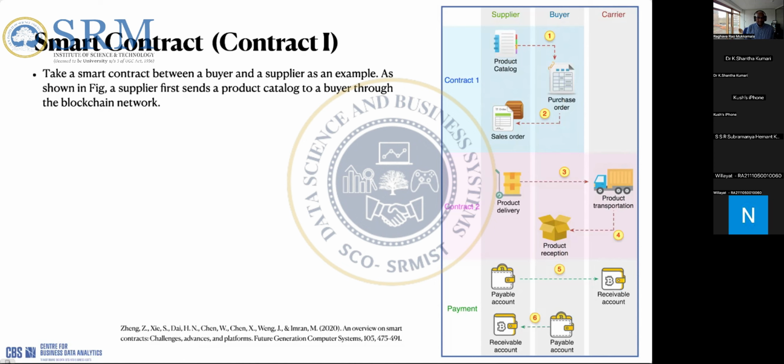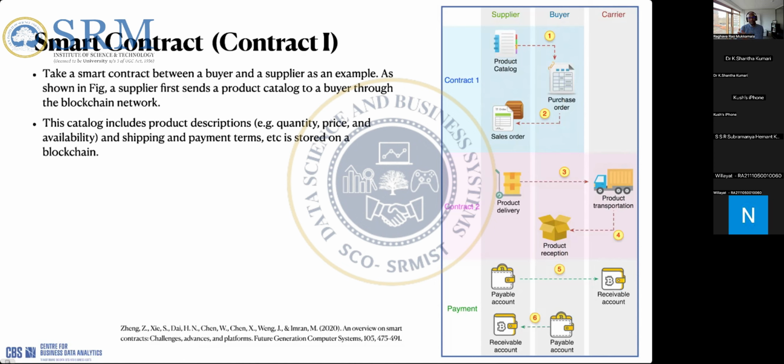As shown in the figure, this is the first contract. Let us say that the supplier has a catalog of products he's selling, and each product has a description, the quantity available, or how many you can order, the price, availability and all other information, made available through a blockchain.